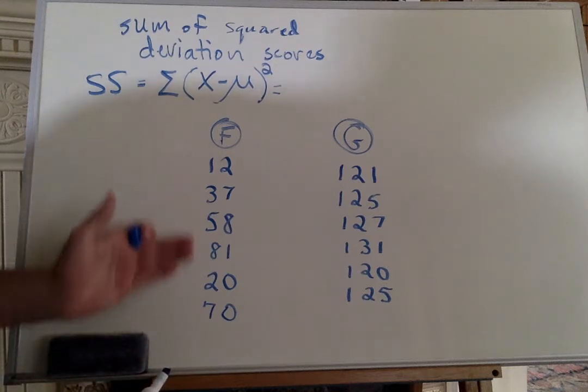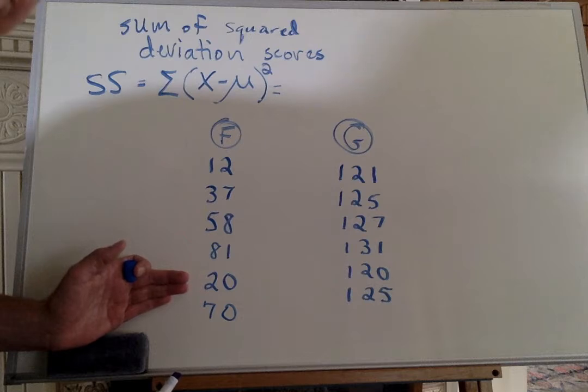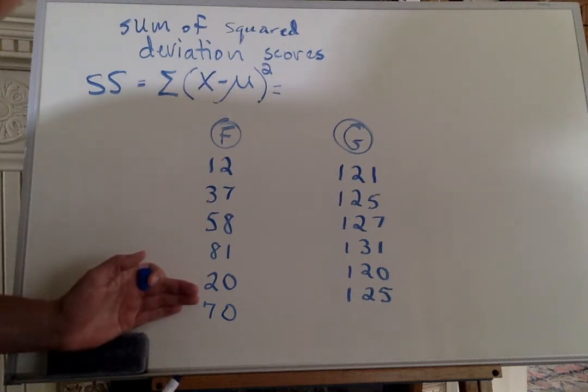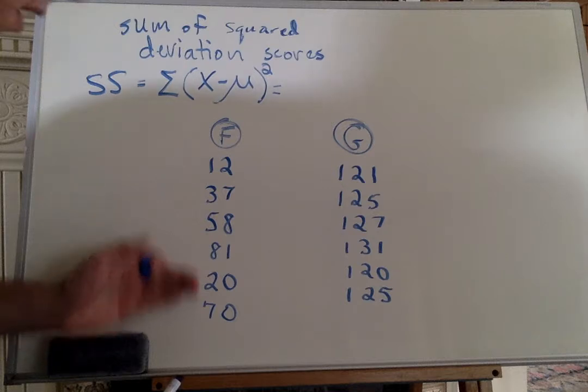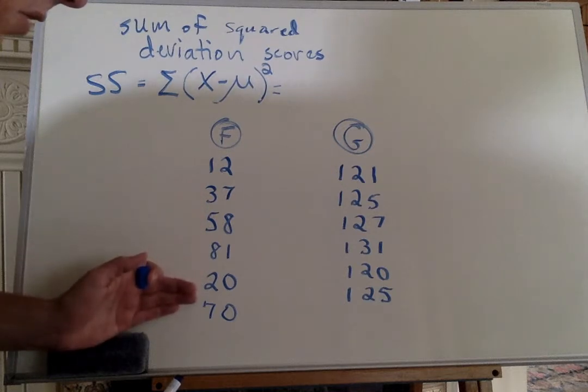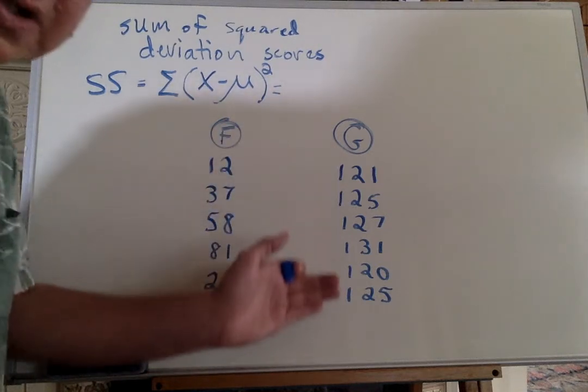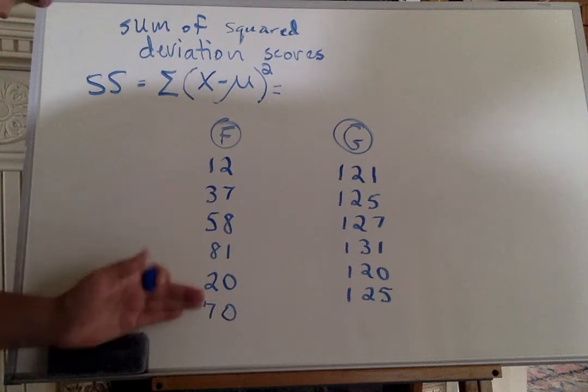If you said F, you are correct, okay? And we would have a larger sum of squares value here because this distribution is more variable. It's more spread out than this distribution. Even though these numbers are larger, these are more spread out, okay?